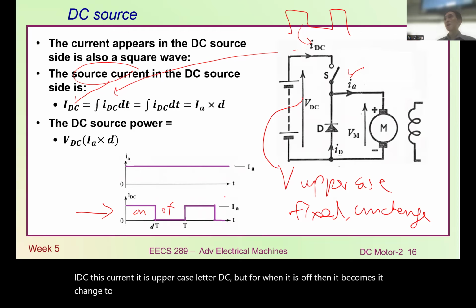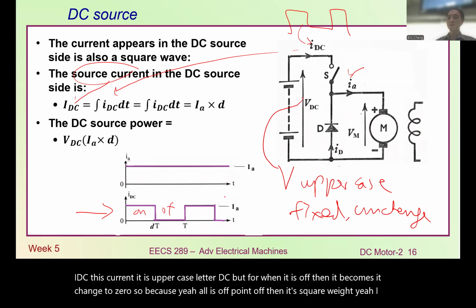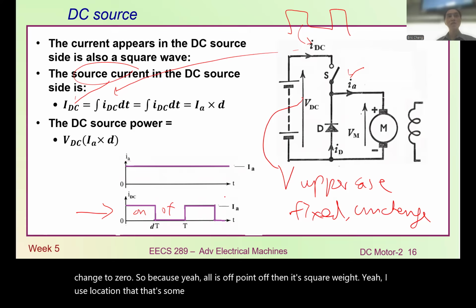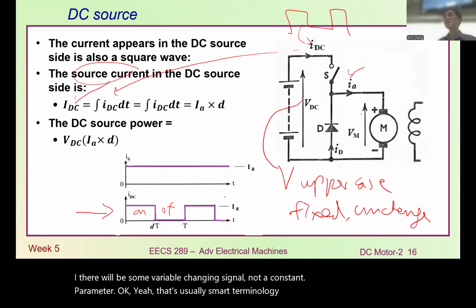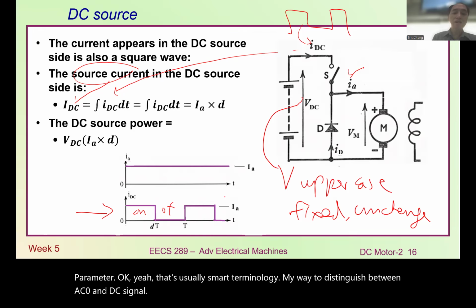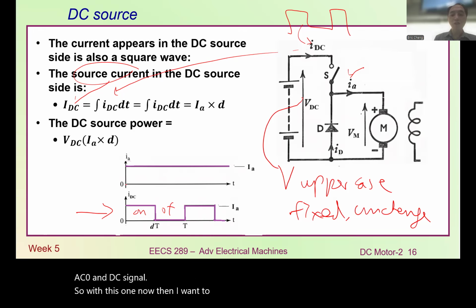It keeps changing on and off, so it is a square wave, which is why I use lowercase. This ensures there is a variable, changing signal, not a constant fixed parameter. That's usually my terminology, my way to distinguish between an AC signal and a DC signal. So now I want to get the average current.